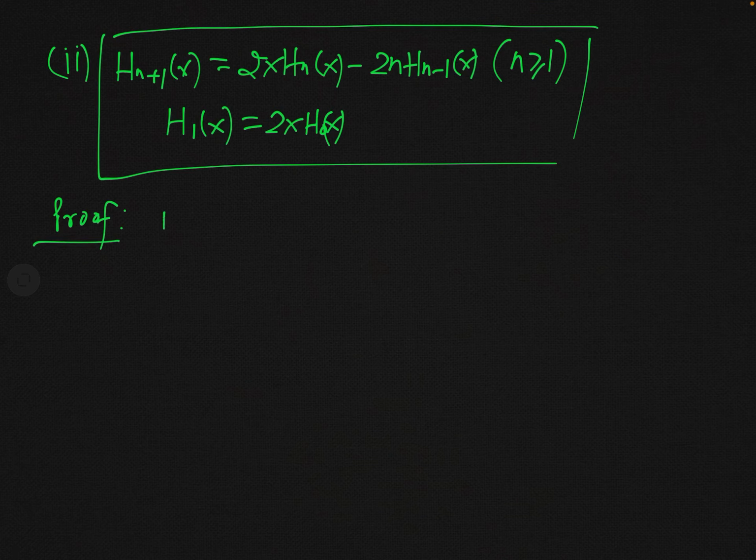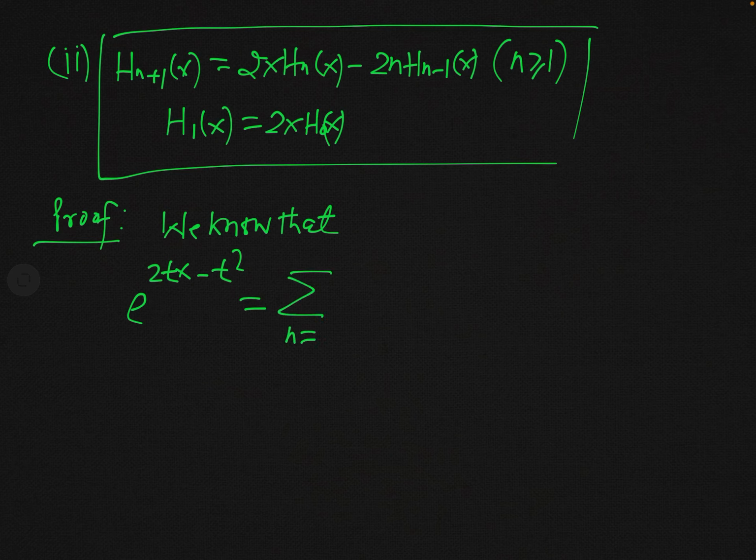So we know that e raised to the power 2tx minus t square equal to summation n 0 to infinity Hn of x times t raised to the power n over n factorial.